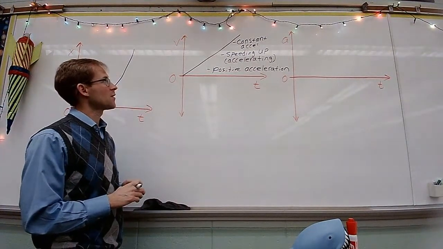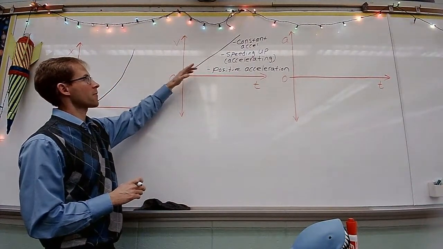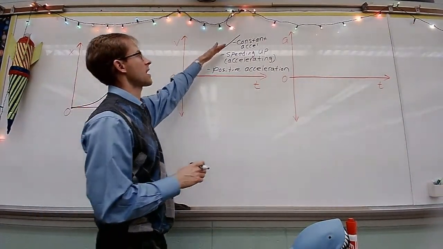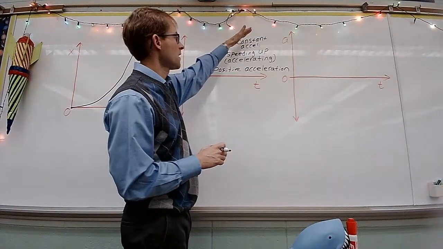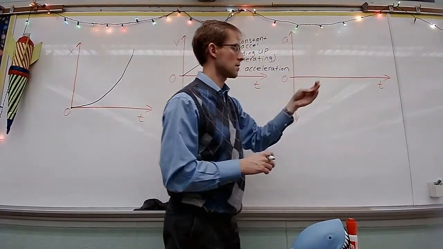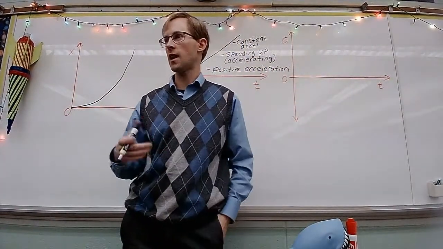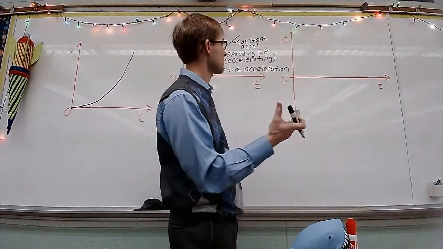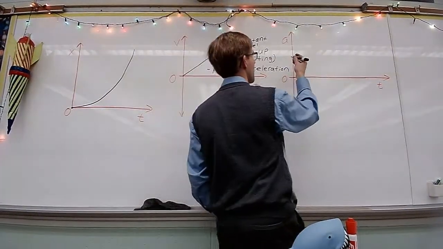So if you think about our velocity time graph, our velocity is increasing at a constant rate. So if that's true, that means we're going to have ourselves a constant acceleration. So our acceleration time graph is going to look like this.